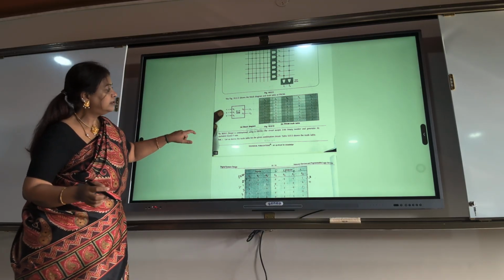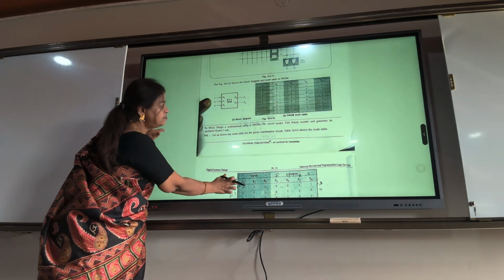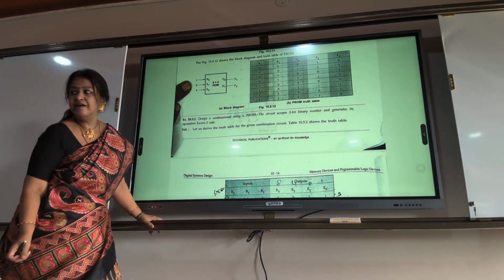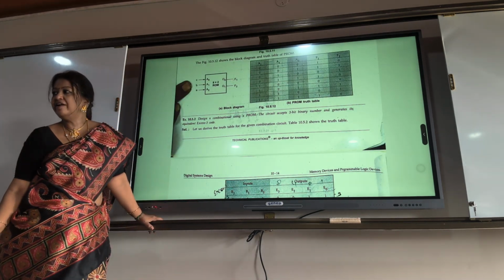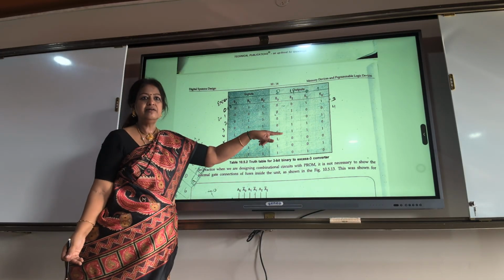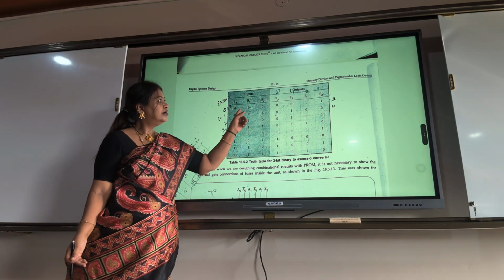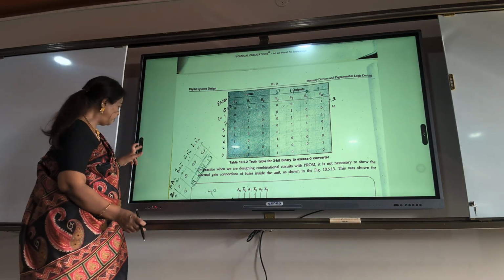This is another problem. What is the problem? The circuit accepts a 3-bit binary number and generates the equivalent XS3 code. So you have to write the inputs and XS3 code. 0, 0, 0. XS3 means what?